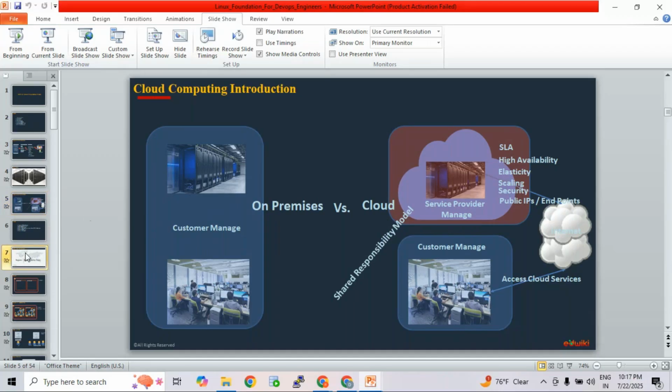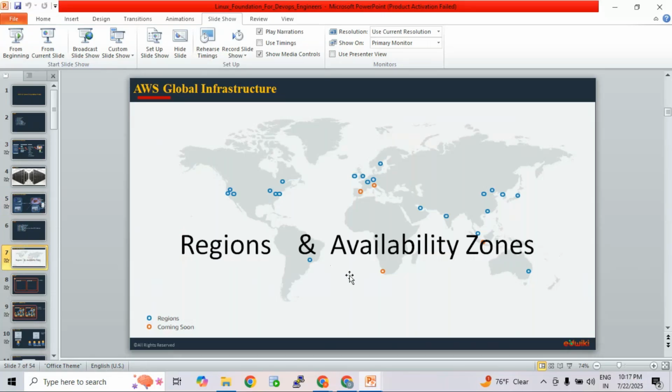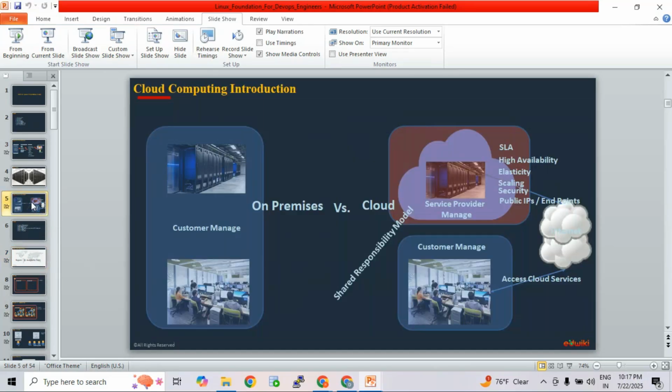And then we'll talk about how AWS is maintaining their data centers across the globe. Because as I said, Amazon as a service provider is building their physical data centers across the globe, right? So how are they maintaining that, the different basics around it, and we'll log into AWS and start preparing some basic infrastructure required for us.